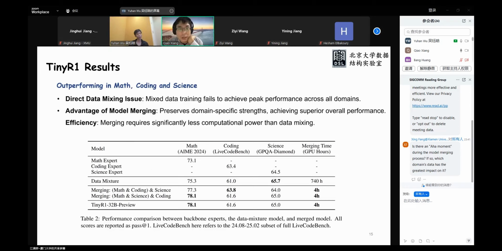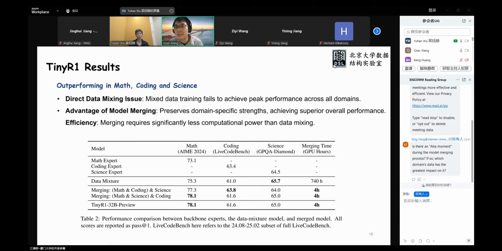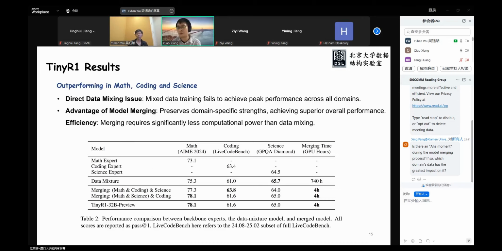It's actually from a user called Zhu He. I don't know if that's the real name or just a screen name. Maybe she or he is in the Tencent meeting room, so not with us on Zoom at the moment. So, which domain's data has the greatest impact on the final performance of your merged models?